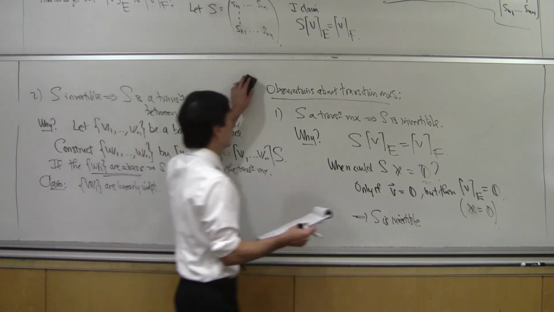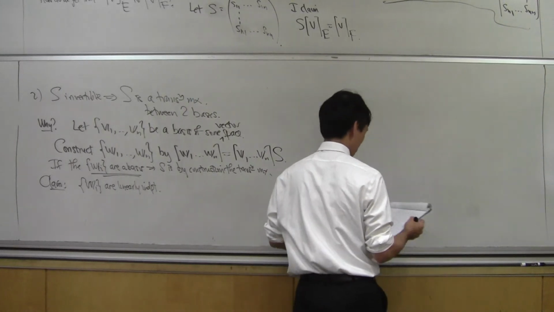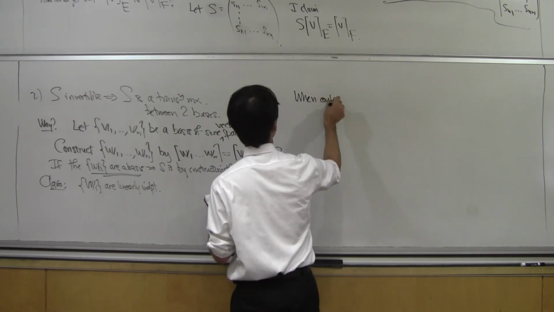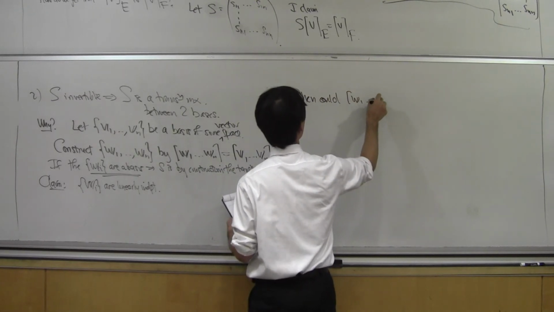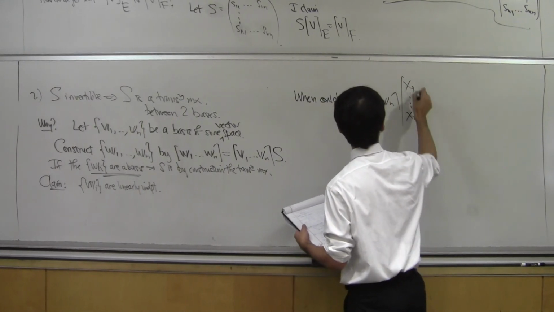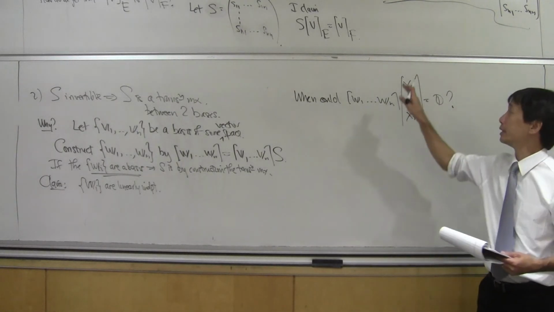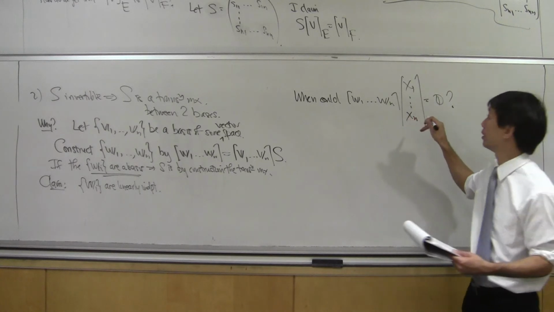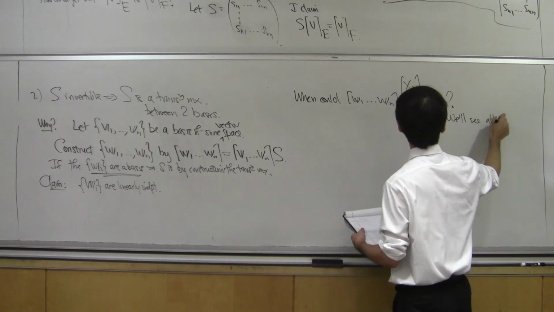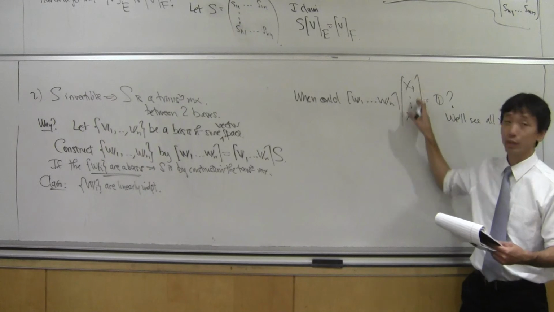So when could x1 W1 plus up to xn Wn be the zero vector? We need to see that all the x_i must be zero. The only way to get the zero vector is if all the coefficients are zero.